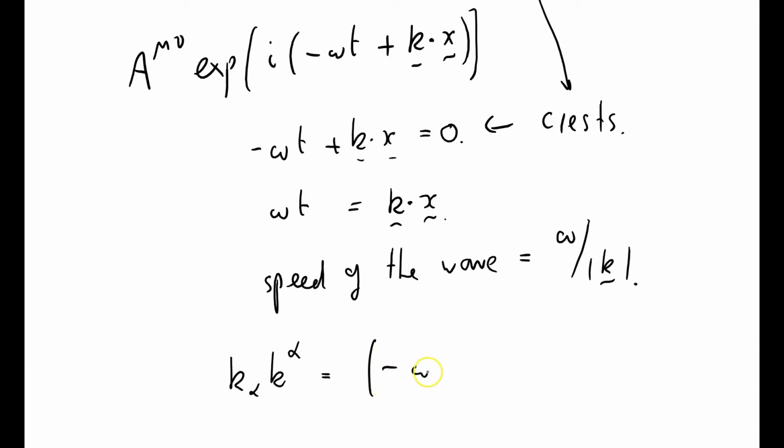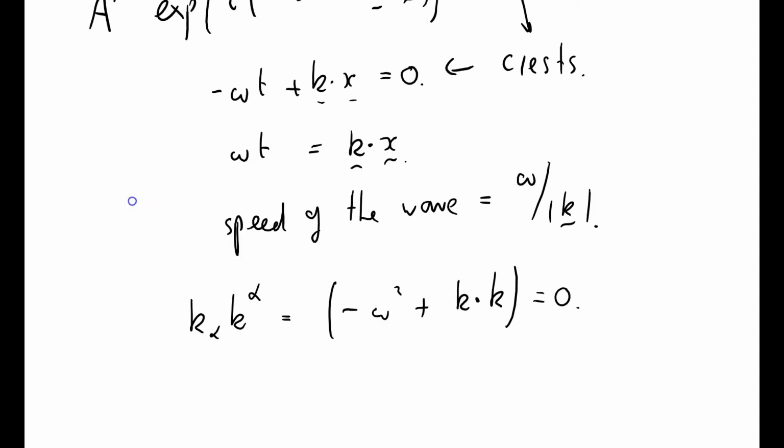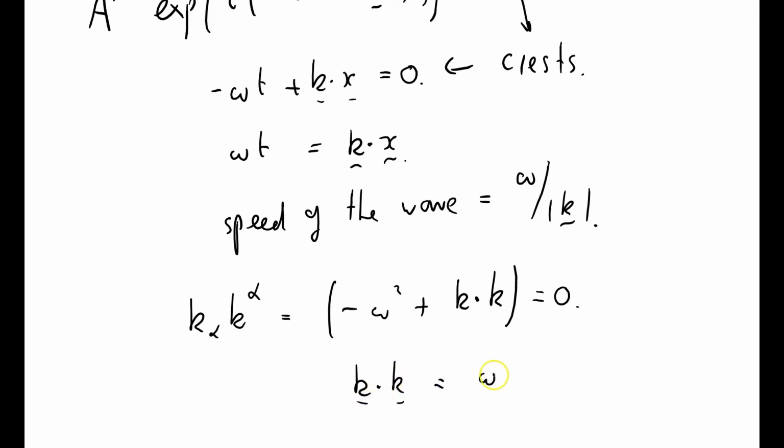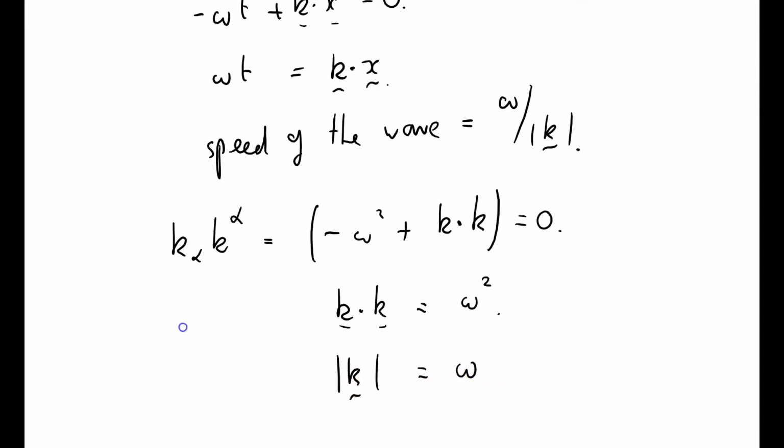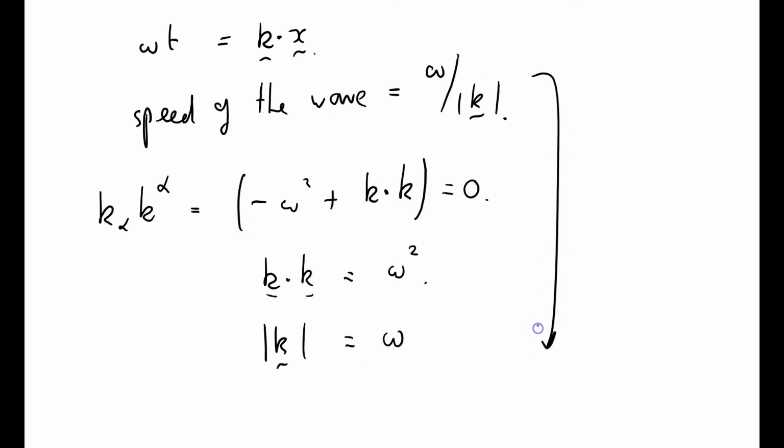It's a minus omega squared plus k dot k equals 0. So that tells me that k dot k equals omega squared, and that tells me that mod k equals omega, I guess plus or minus omega. And so the speed of the wave there is omega over omega, which equals 1, equals the speed of light.